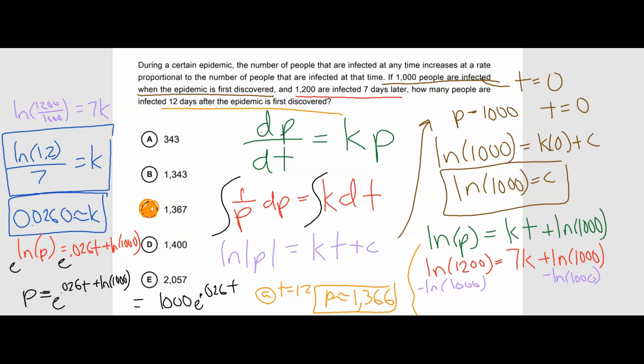But this would be a reasonable question to be asked on the AP exam: to set up the differential equation, find a particular solution, and then use that solution to find a certain value. So we're putting together everything we've done, except for slope fields, in our differential equations lessons to answer this word problem.